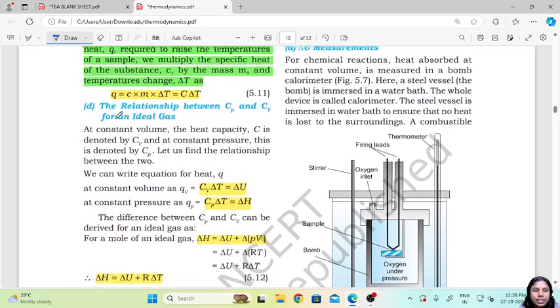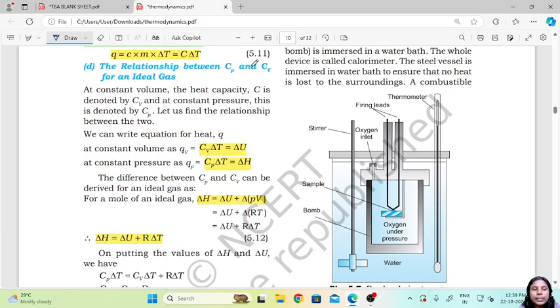Now let us understand what is the relation between Cp and Cv for an ideal gas. Before that, C we already know is the heat capacity.